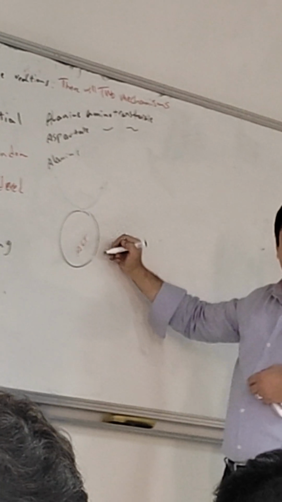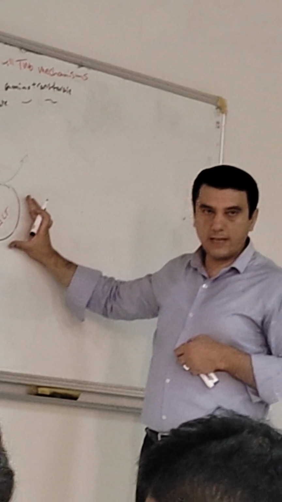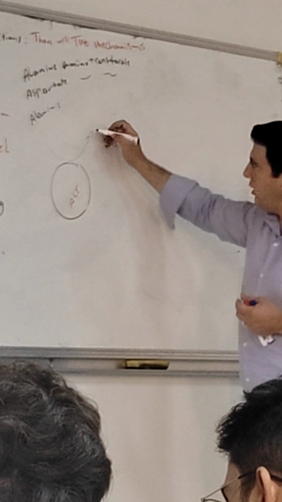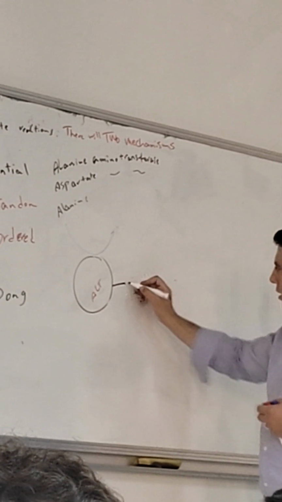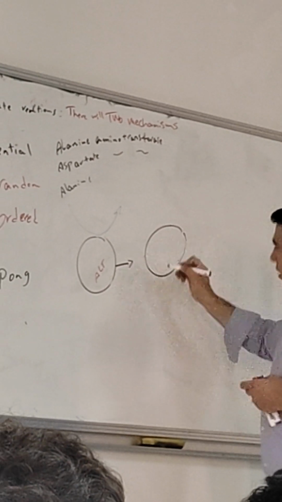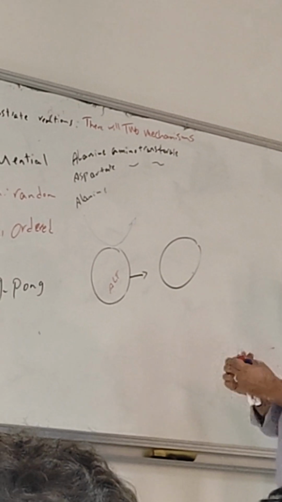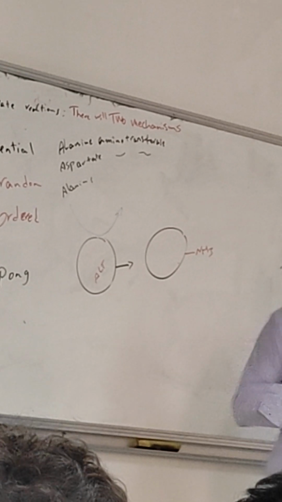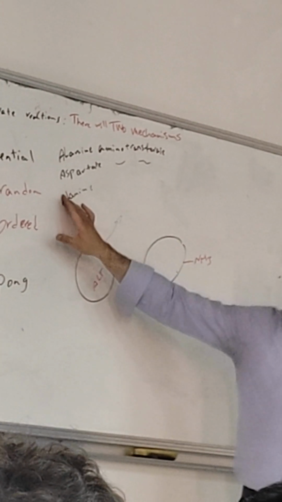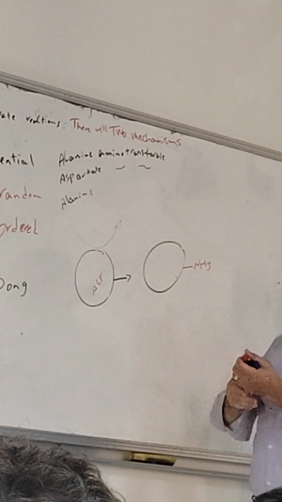When it enters this active site, the enzyme will remove the NH3 group, the amine group, of alanine.